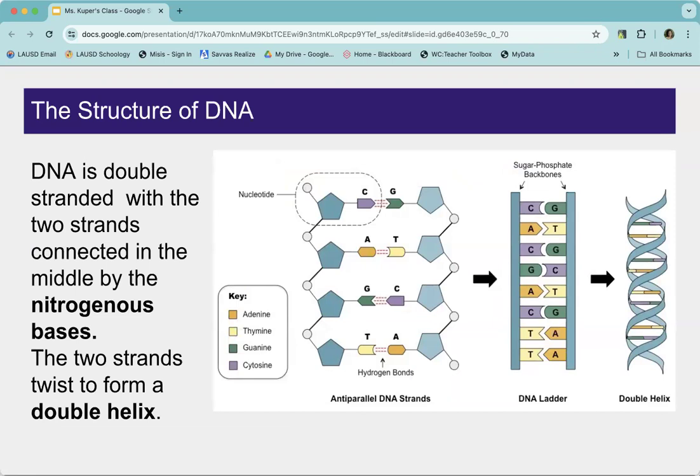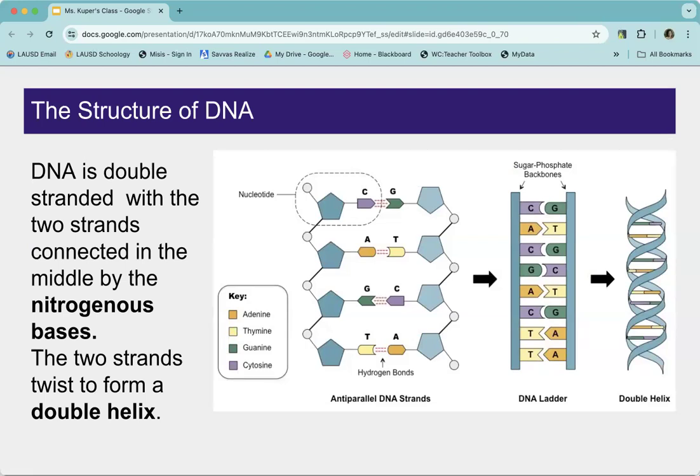As for the basic structure of DNA, there are really interesting stories on how scientists discovered the structure of DNA. But we're going to save all that because remember, we're just hitting the high points today. I heard you guys even did a poster on some of the key people involved in discovering the structure of DNA. But essentially, DNA is double-stranded.